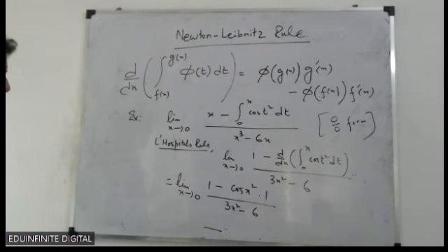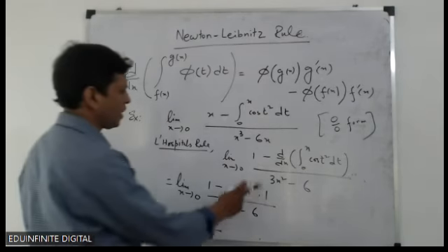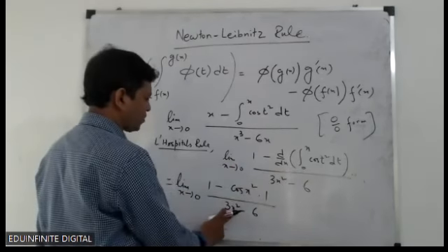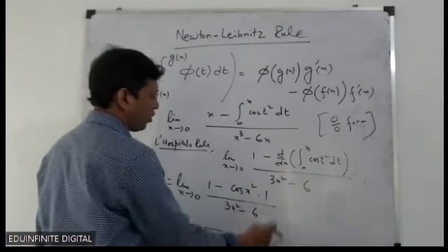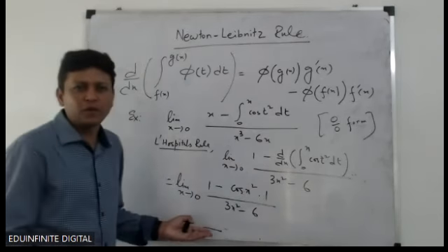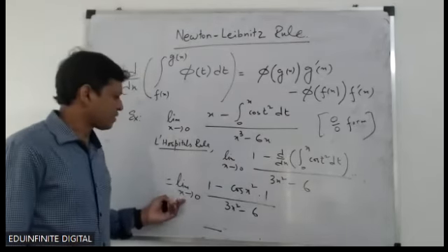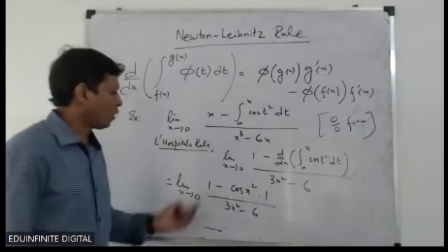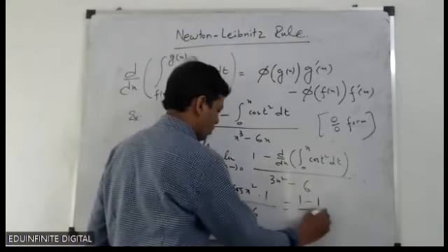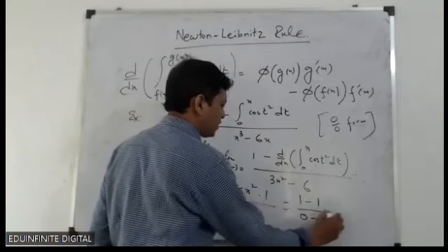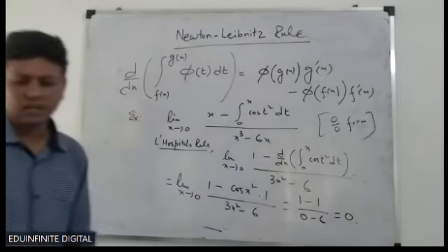Oh, sorry, the derivative is 3x square. Now you can evaluate the limit. Now it's a limiting problem, there is no integration. So cos 0 is 1, 1 minus 1 is 0, so it's 0. 0 is the answer.